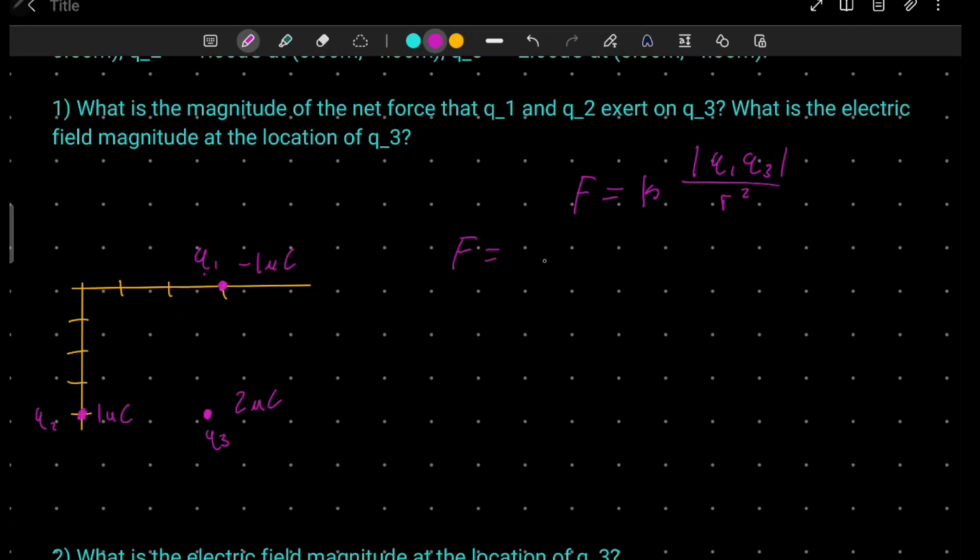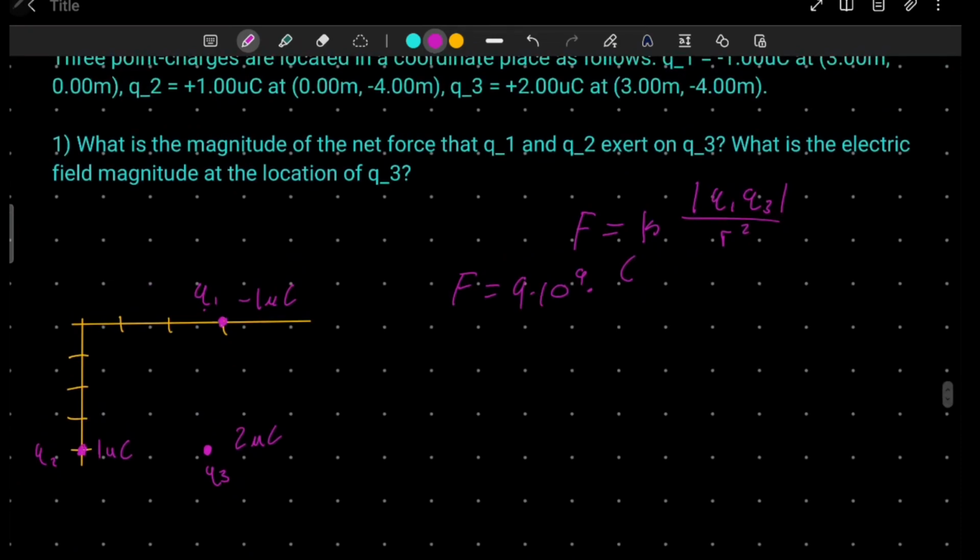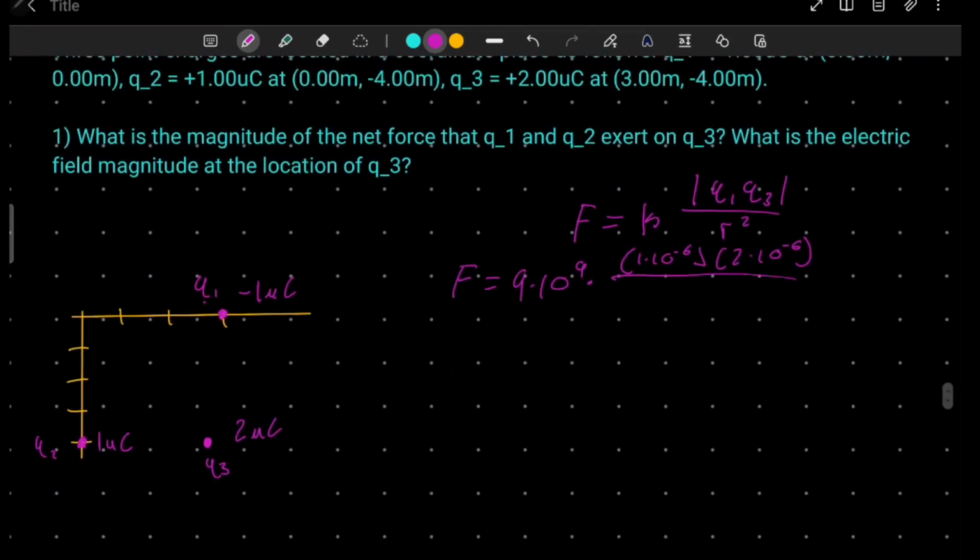F is going to equal 9 times 10 to the 9 times 1 times, and remember, negative signs do not matter here because it's all going to be an absolute value. So we'll have 1 times 10 to the negative 6 times 2 times 10 to the negative 6 all over, and then our radius is going to be 4, so we have 4 squared.